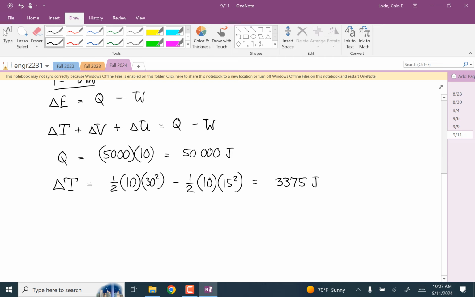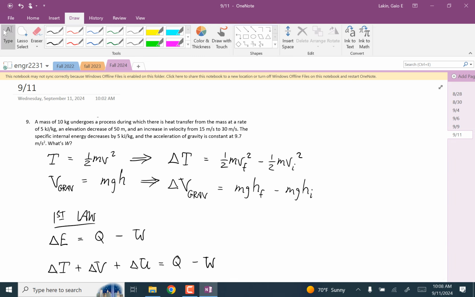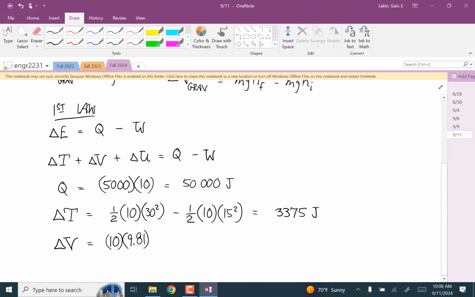The change in gravitational potential energy is mass times 9.81 times the final height. What does it say? The elevation decreases 50 meters. Okay, well, it doesn't give us what those heights are.